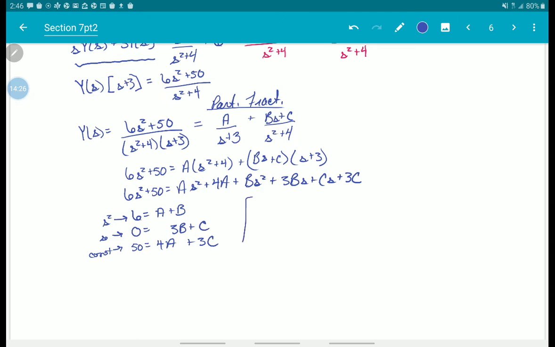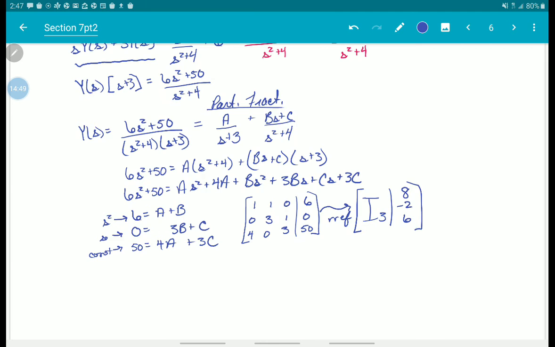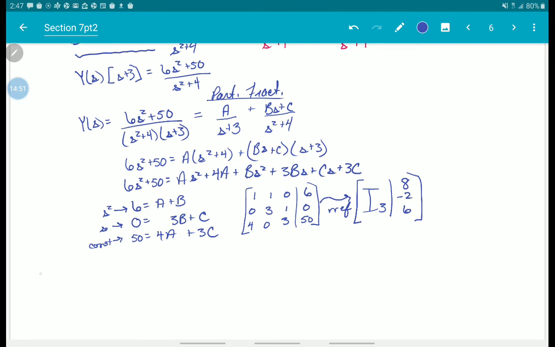If we take all of this, plug it into a matrix, and then do RREF, you will always get a unique solution. And I got 8, -2, and 6. So that tells me that y of s can be rewritten as 8 over s plus 3 plus -2s plus 6 over s squared plus 4.